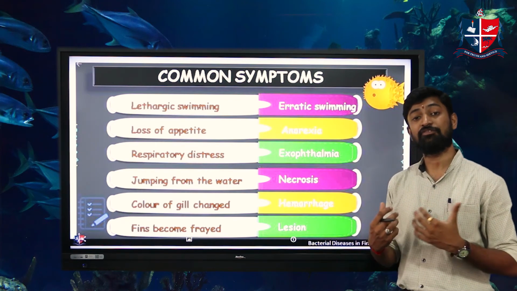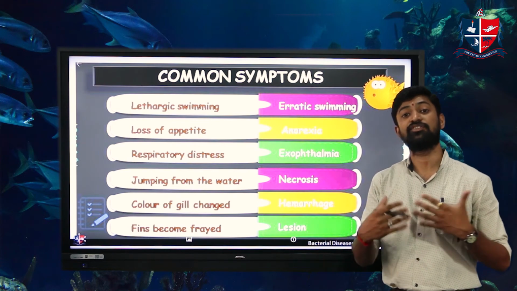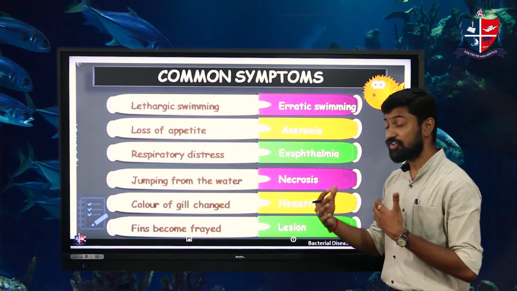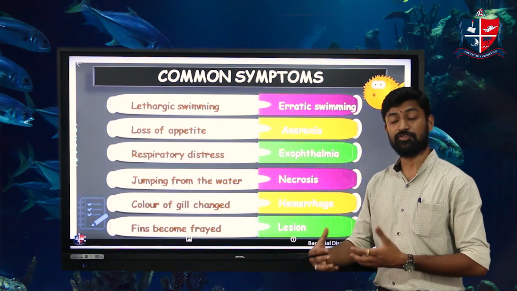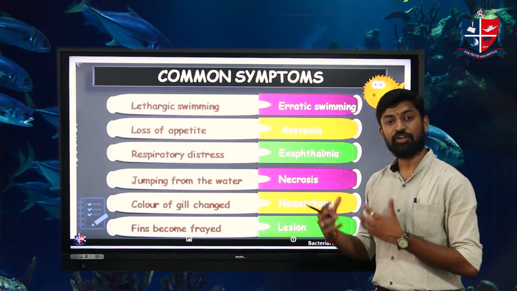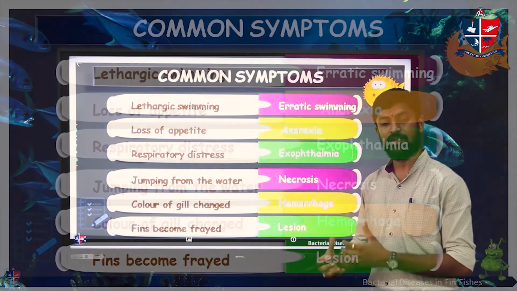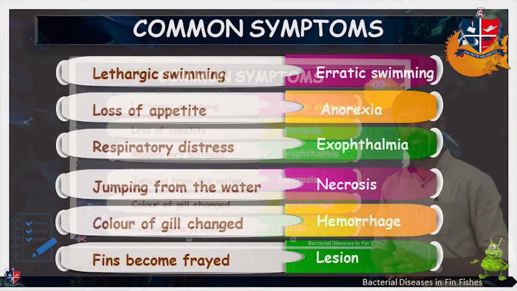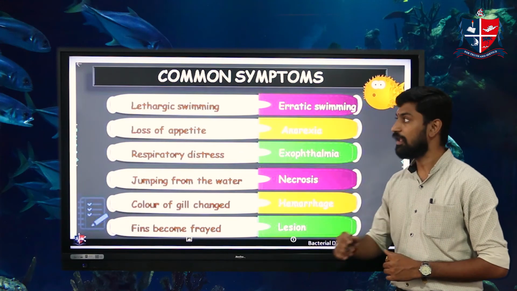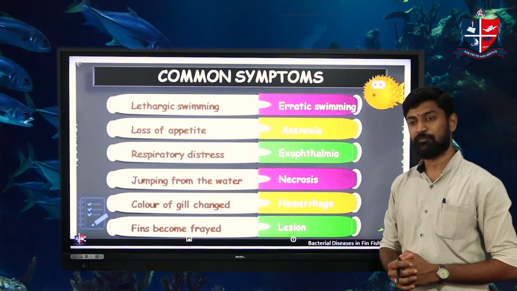The fish do not take feed if they are affected by disease. Then respiratory distress or respiratory problems that also cause suffocation in fishes, and also cause exophthalmia. Exophthalmia means the bulging of eyes. And fishes jumping out of the water body is also a sign of a bacterial disease.